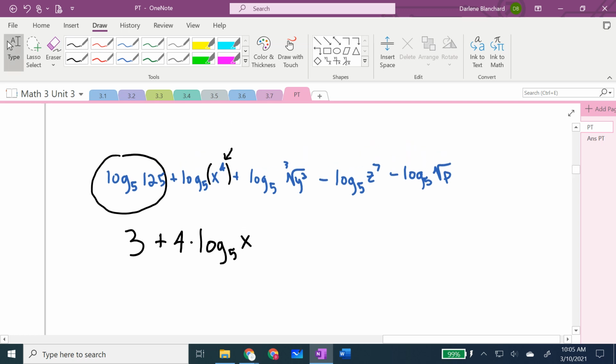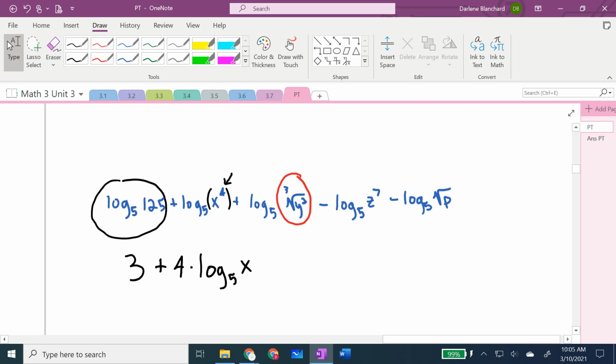Now, you can rewrite the cube root of y squared, which I'm starting to realize is actually difficult to read the way I have it there. So that's a 2 under there.